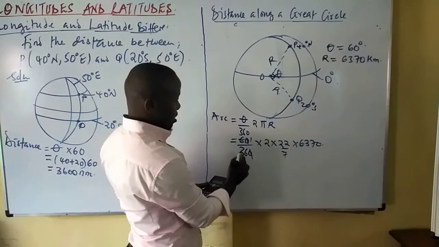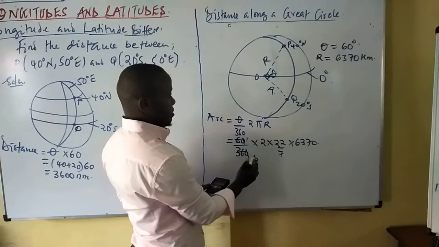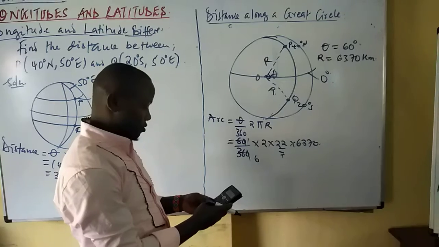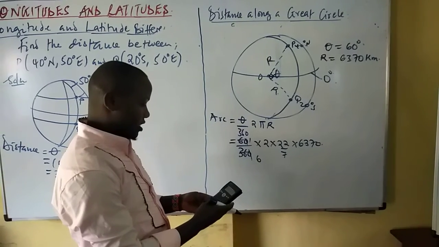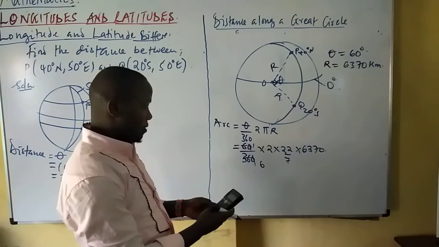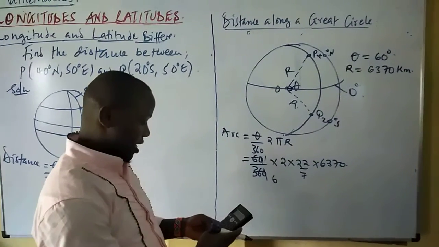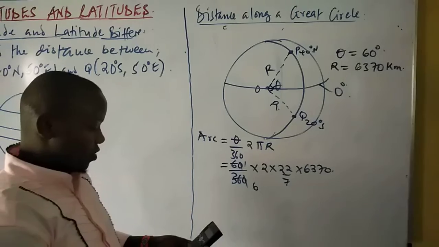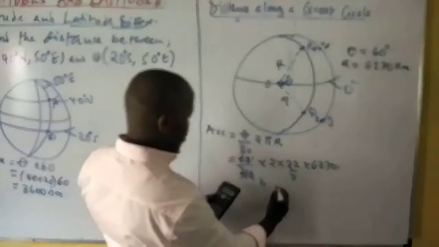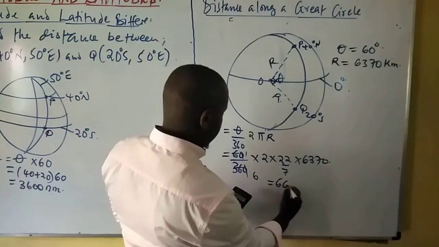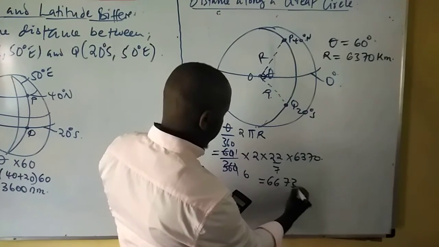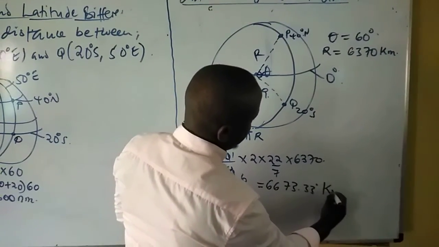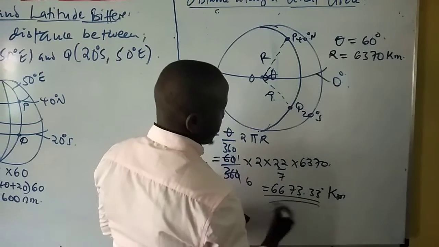This is 22 by 2 times 6370 divided by 7 times 6, and we get the answer as 6673.33 recurring. These are in kilometers.